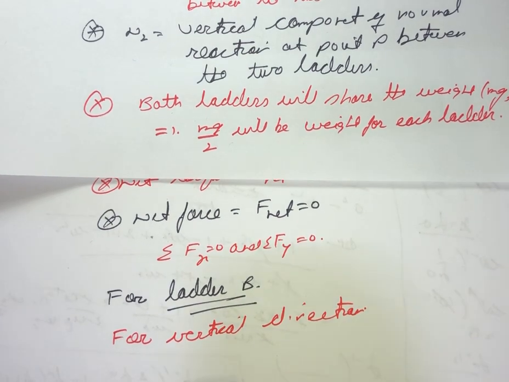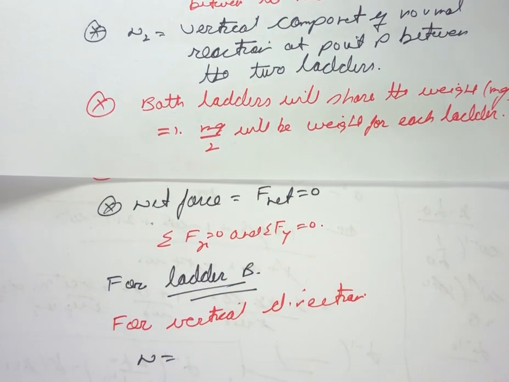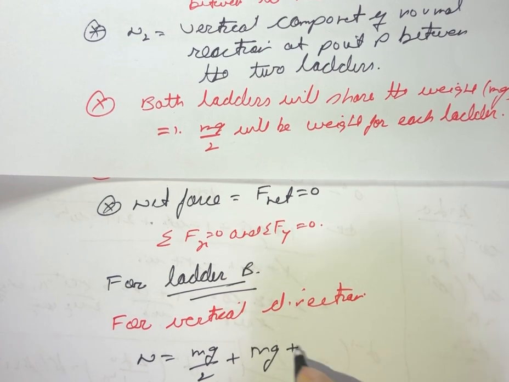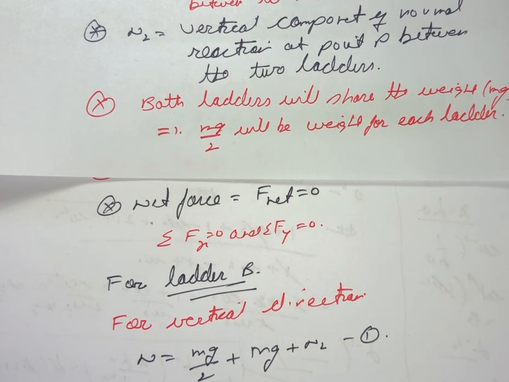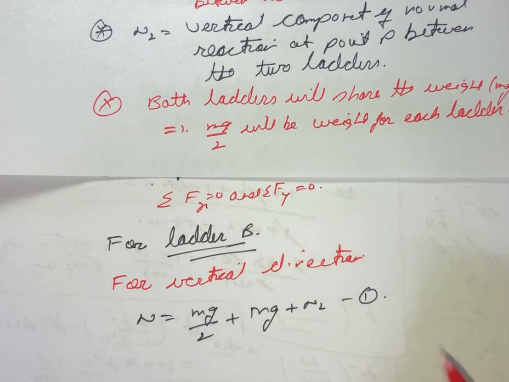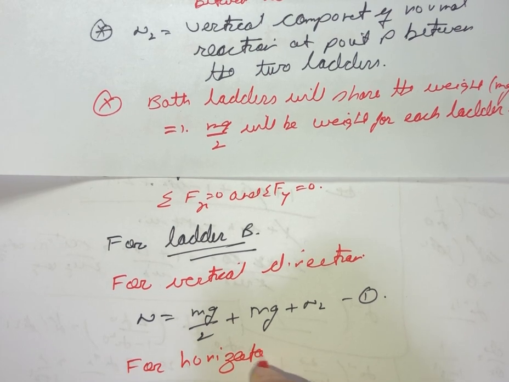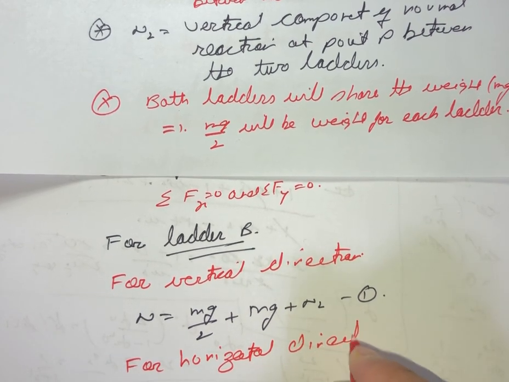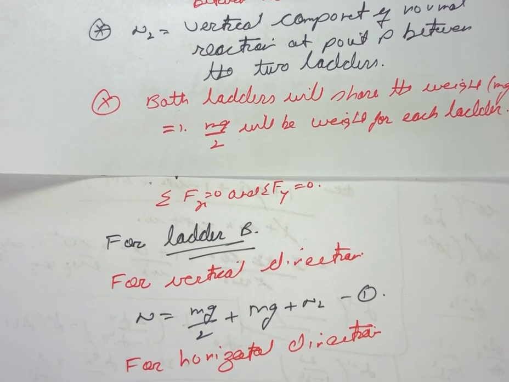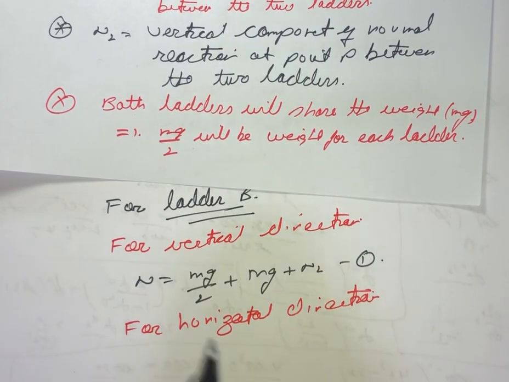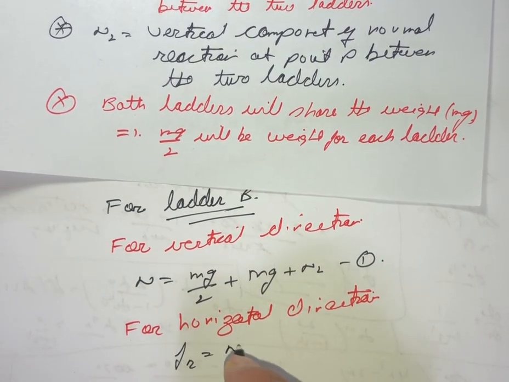So we can say that N will be equal to mg by 2 plus Mg plus N2. Let us call this equation 1. And for the horizontal direction, there is only one force, that is friction Fr, and the normal N1. You can say Fr is equal to N1.